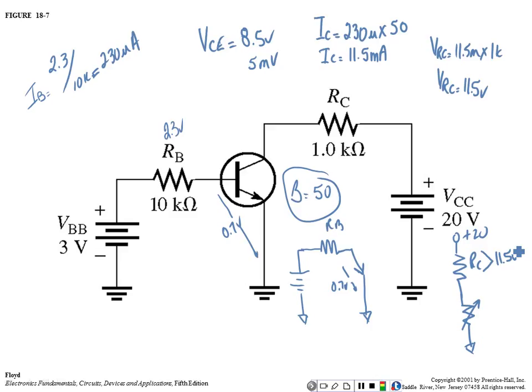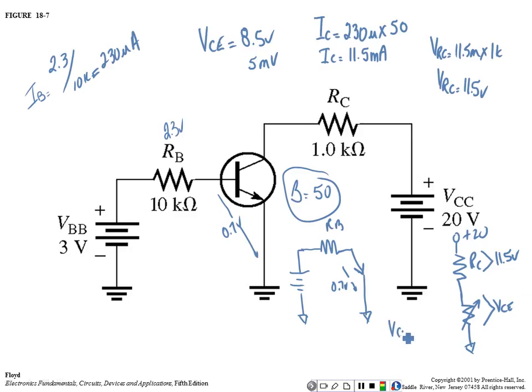Now what law would I use to calculate? So here's voltage collector to emitter right there, and that is the voltage drop across the transistor. Kirchhoff's voltage law says the sum of the voltages in a series path has to equal the applied voltage. I got 11.5 volts dropped on one resistor, so how much does the other one have to drop?